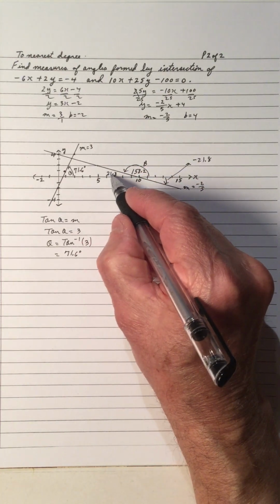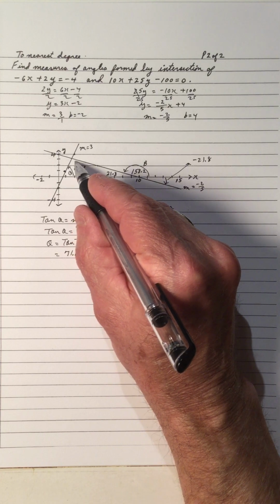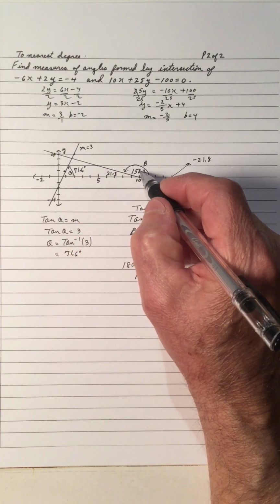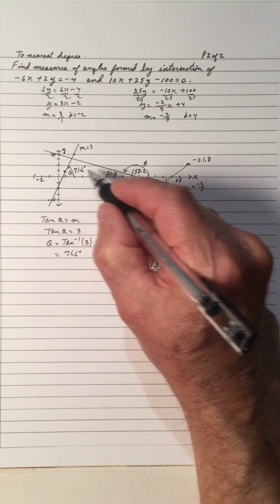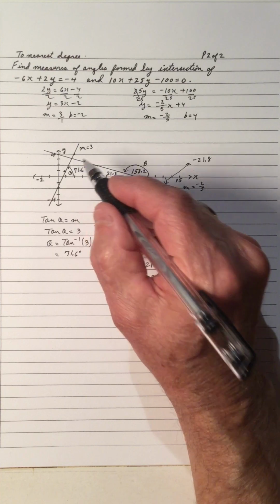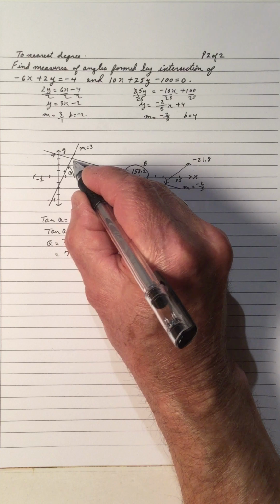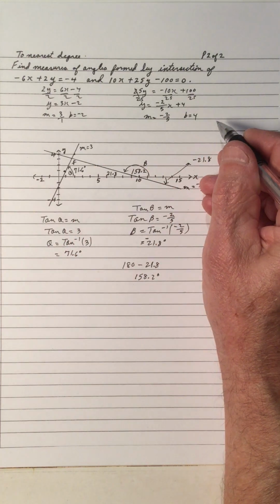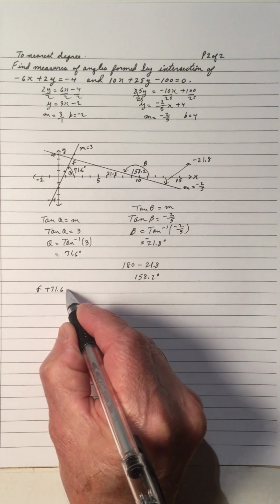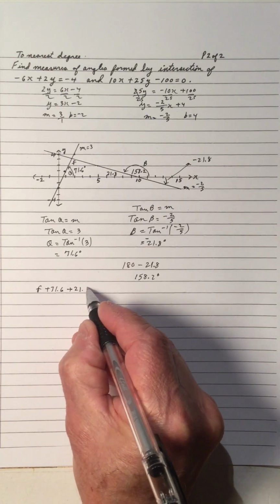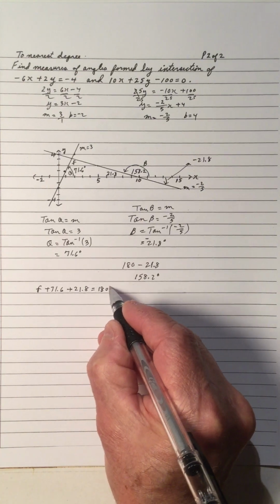I can take this angle and this one and subtract from 180 to pick up what this is, or use the exterior angle of the triangle. This is the triangle, and this exterior angle is equal to the sum of this angle plus this one. If I call this angle F, then F plus 71.6 plus 21.8 add up to the angles of a triangle.